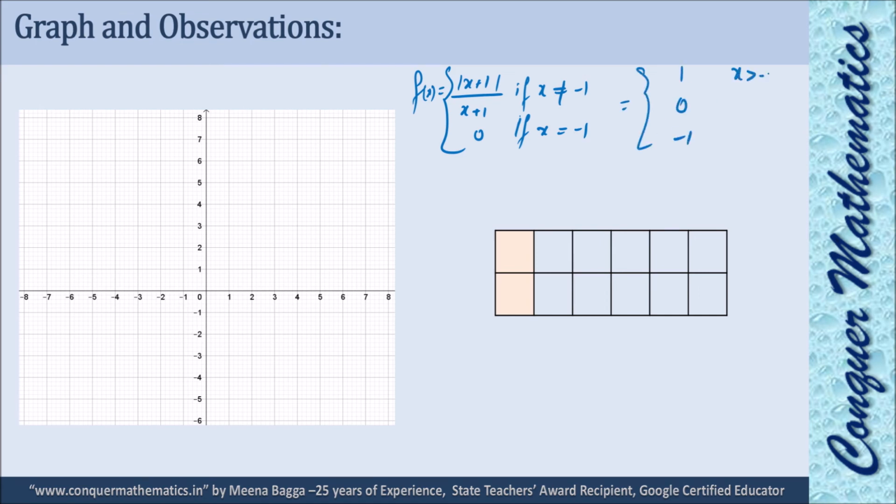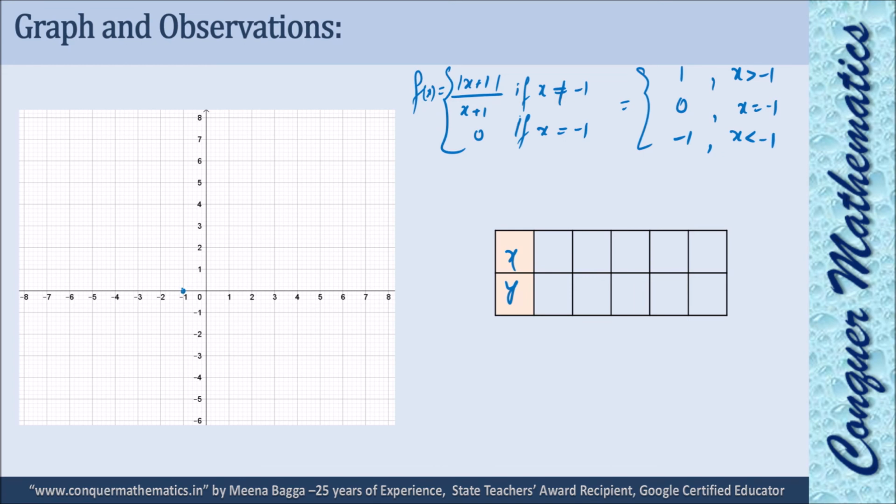If x is greater than -1, it will be 1. If x is less than -1, it will be -1. And if x is equal to -1, it will be 0. Whether or not you draw any point, you can easily draw that at -1 it will be 0. That means a filled small circle here.